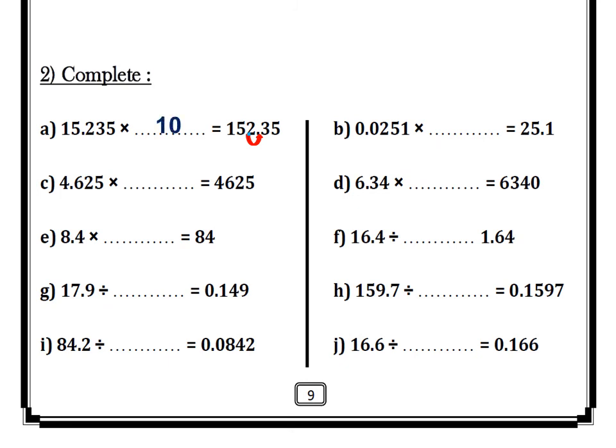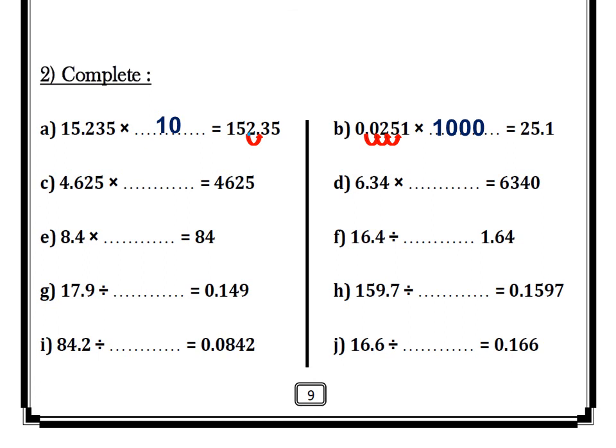B, 0.0251 times what gives you 25.1? Your decimal point moved 3 steps, 1, 2, 3, because it became between the 5 and the 1, so I multiplied by 1000.